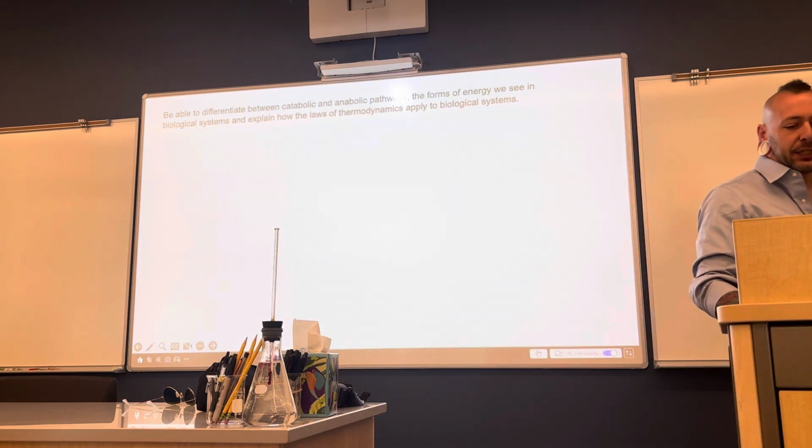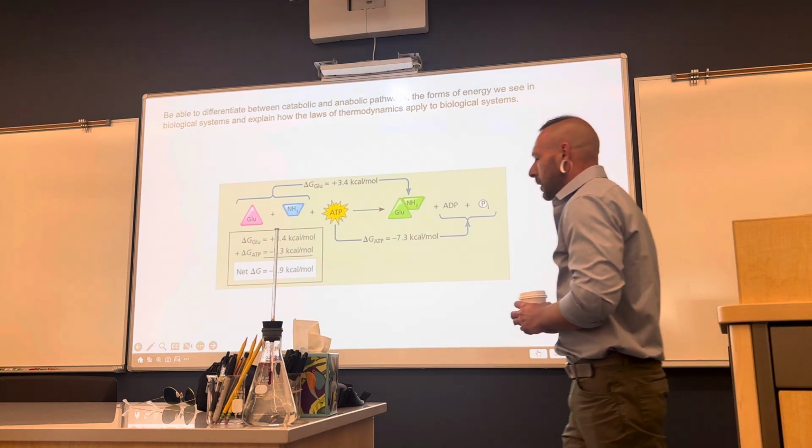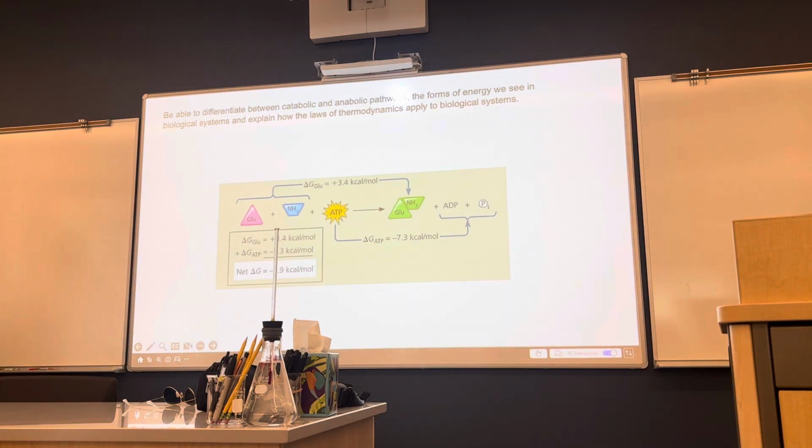Let's apply that to a picture. Here we go. Do we see the first law of thermodynamics or the second law of thermodynamics represented here? I mean, really perhaps both, but the second one more obviously, right? Where do we see the second law of thermodynamics represented?